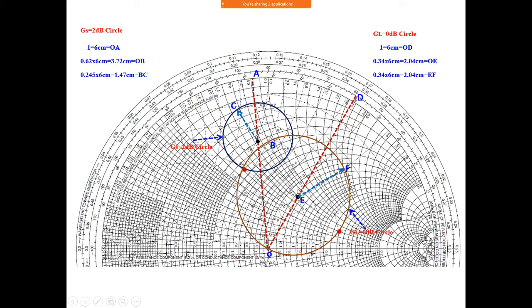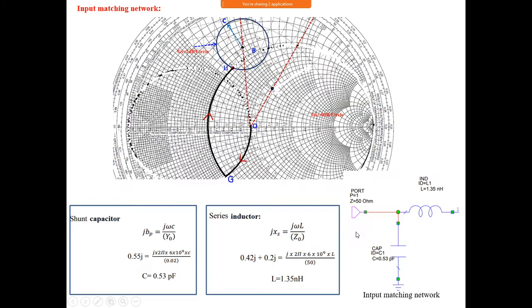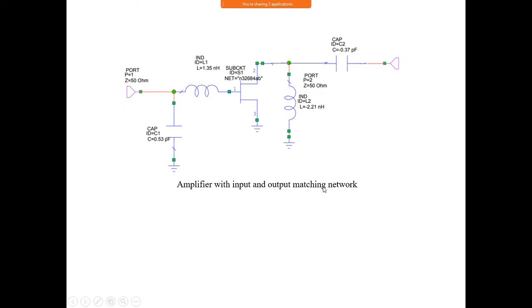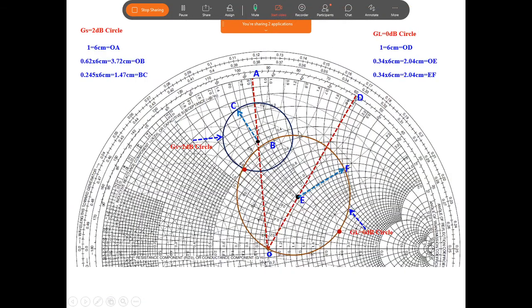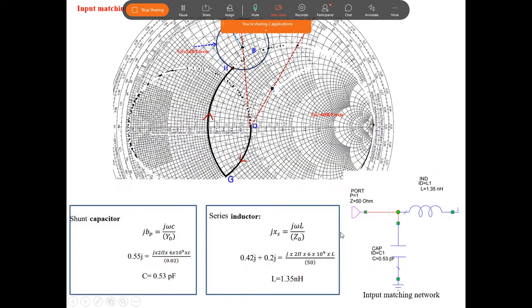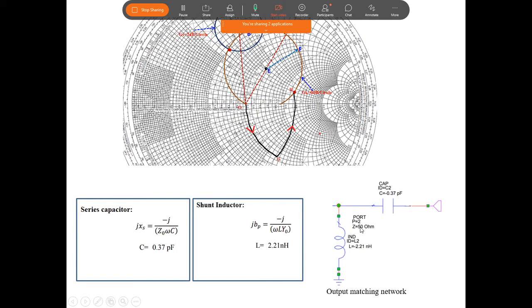We should draw the circles like this, an output gain circle and an input gain circle, and you have to take one of the values over that to design the impedance matching network. See, for input impedance we have taken this value, for output impedance we have taken this value, and we designed the input network and output matching network like this.